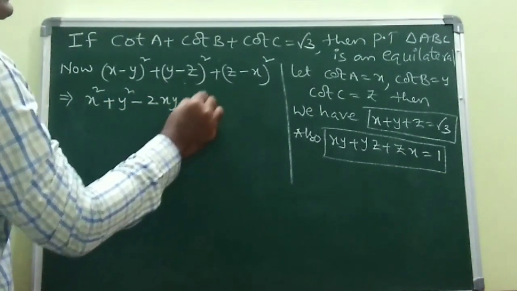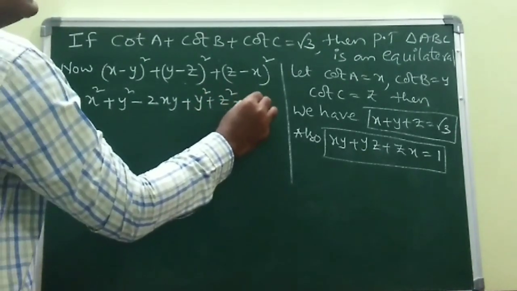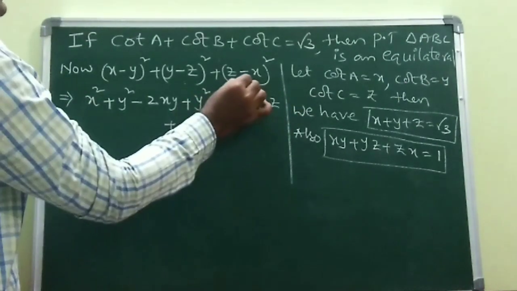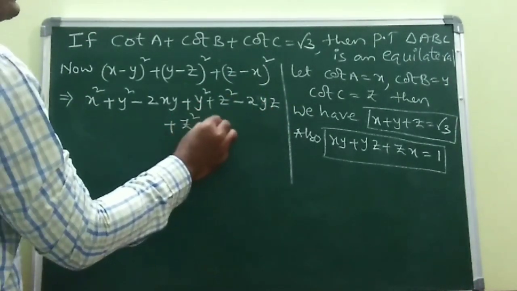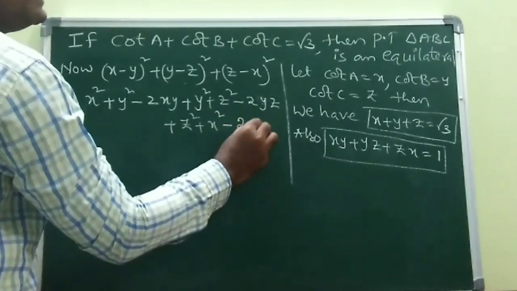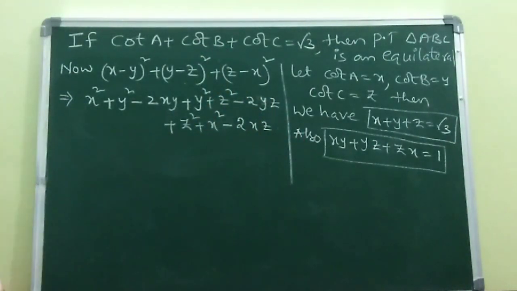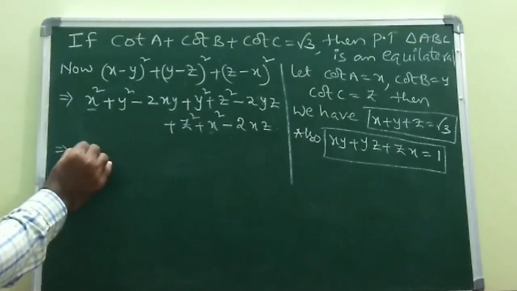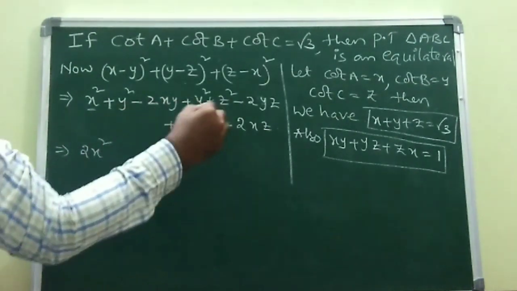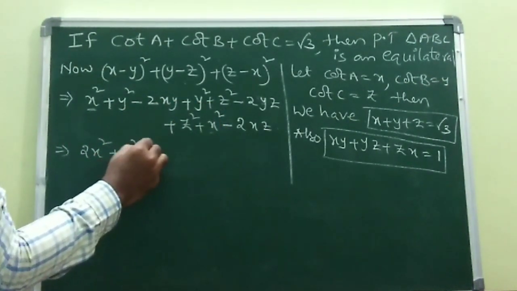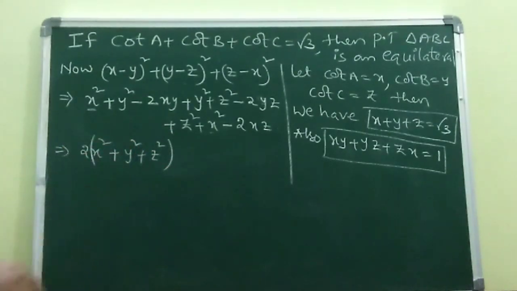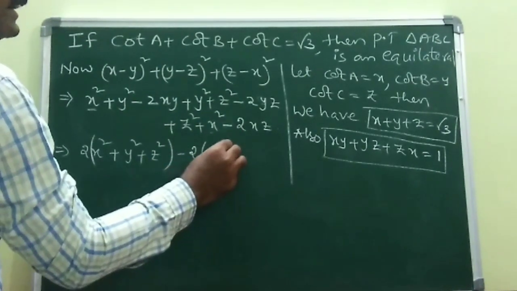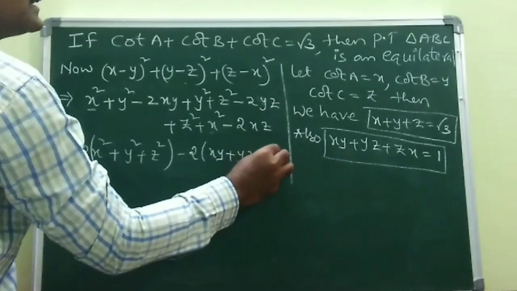Even here also, x square plus y square minus 2xy, and then y square plus z square minus 2yz, and last one also z square plus x square minus 2zx. Okay, now see, x square plus x square is 2x square. Similarly y square plus y square is 2y square, plus 2z square. So I want to take 2 common, and from the rest of the three terms, minus 2 into xy plus yz plus zx.